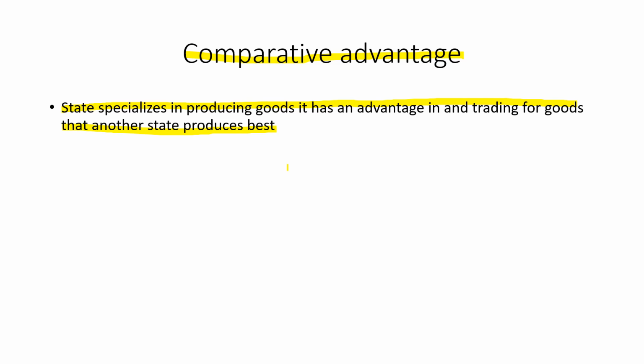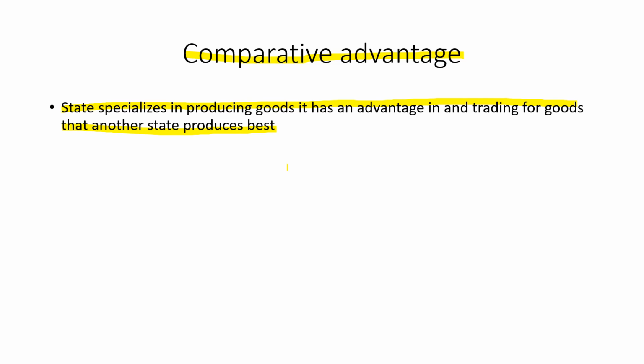This is sometimes called the computers for shoes analogy, where the United States is a technological powerhouse and can make computers, whereas maybe a less developed country in South America with a large labor pool can make shoes or garments, that sort of thing, cheaper or better, perhaps, and then you trade one for the other.